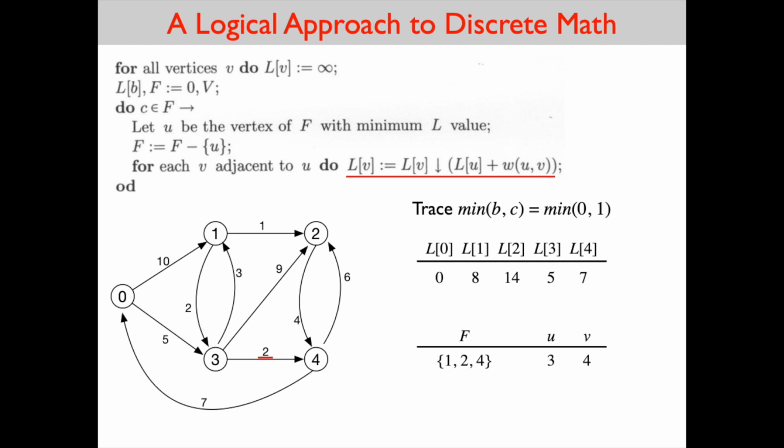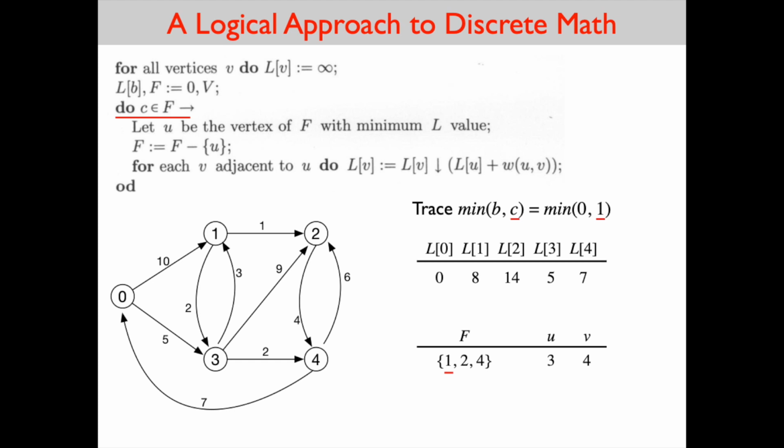Now we have analyzed all of the vertices v that are adjacent to vertex 3. So we end this for loop and we go back up to the top of the outer do loop with regard to c as an element of f. Well, here again, c has a value 1. 1 is still in f, so we've got to keep on trucking.